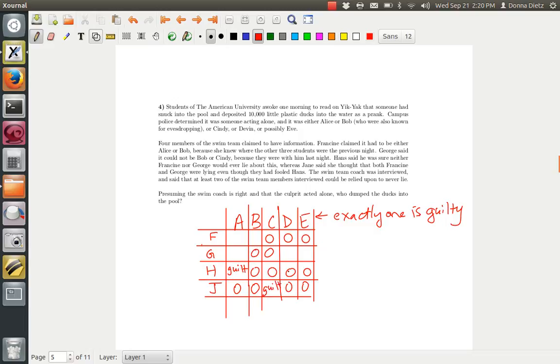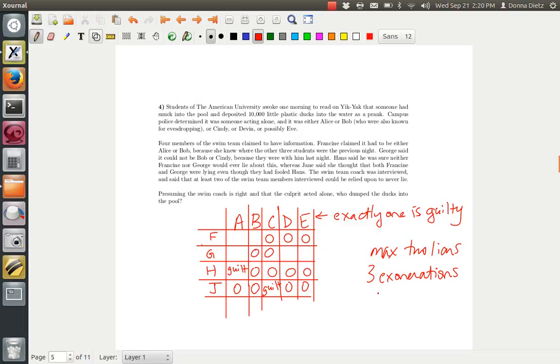All right, so now the coach said that at least two of the team members, that means these guys, could be relied upon to tell the truth, which means max 2 liars. There could be fewer, but max 2 liars, so 3 exonerations must include a truth teller.